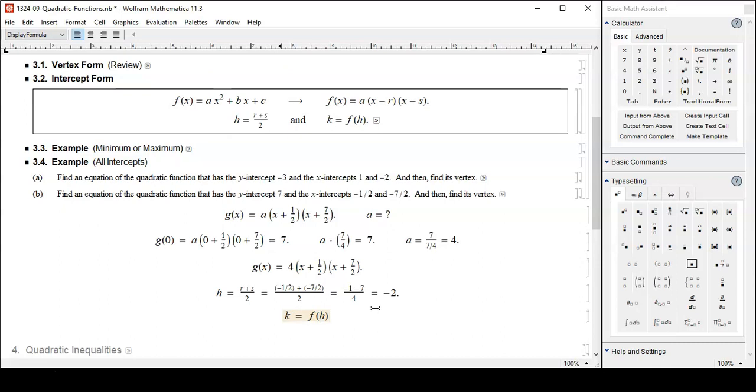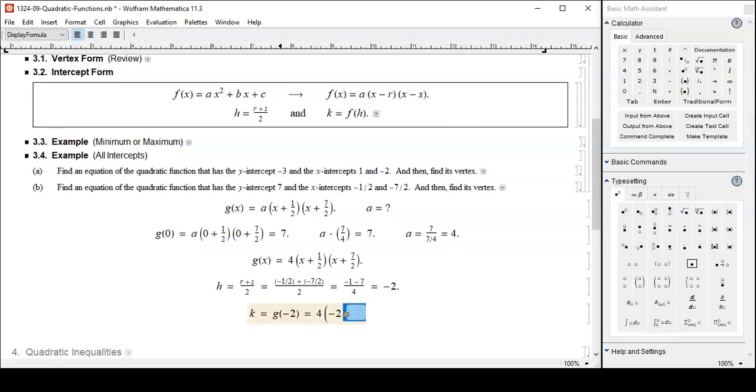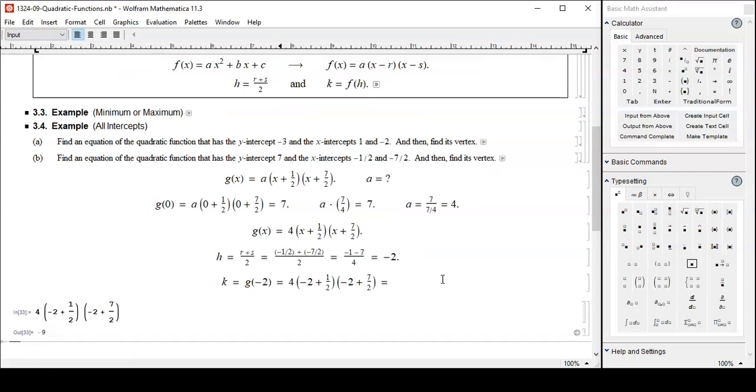f of h, no, g of h, I named the function g this time. So g of negative 2, that's what I have to do. So 4 times negative 2 plus 1/2, negative 2 plus 7/2, and that is, I'll just use calculator, negative 9.